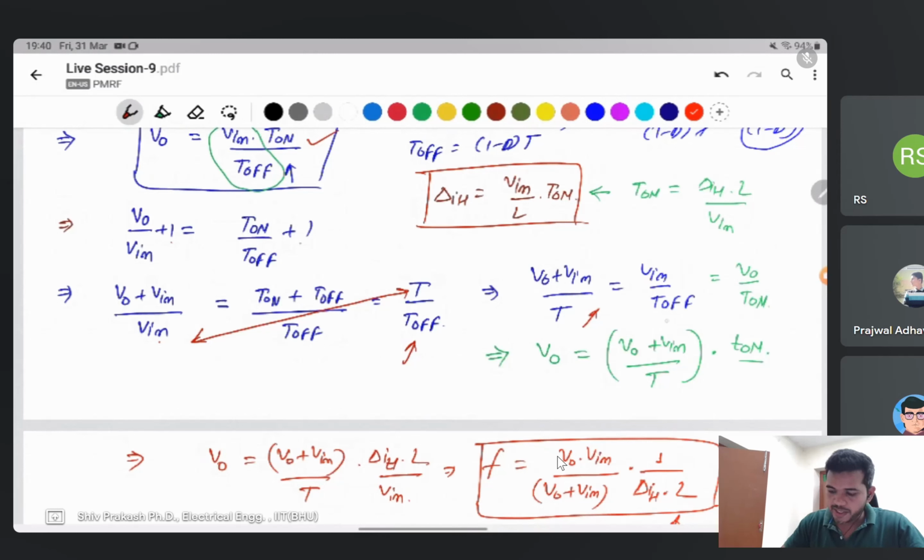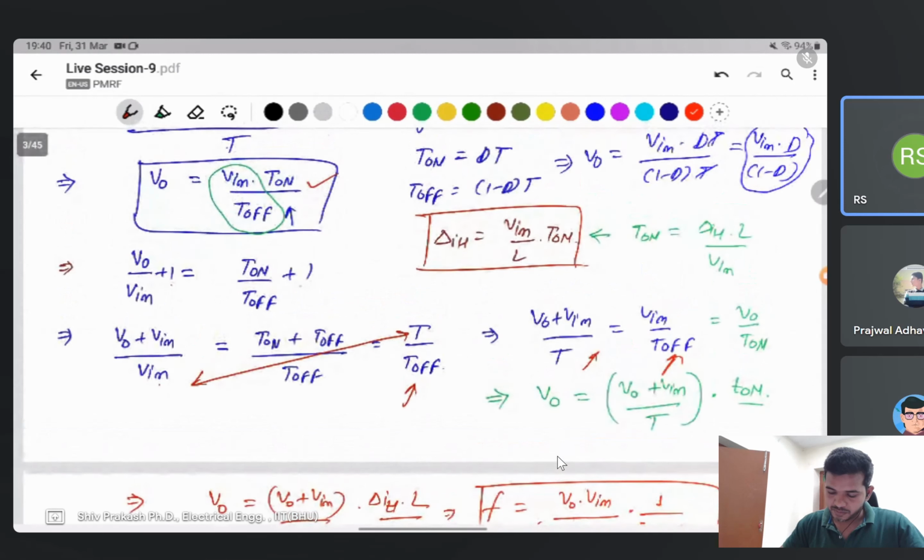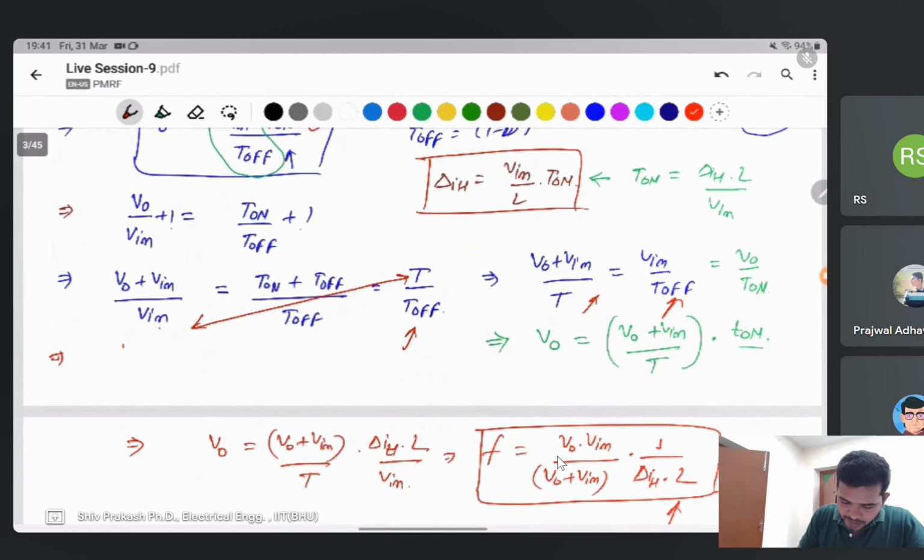Now this one is V in by T off. I simply replace this one with V output plus V in.